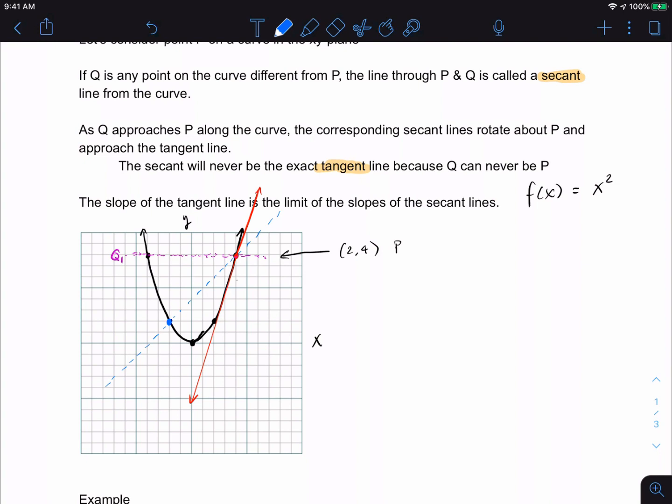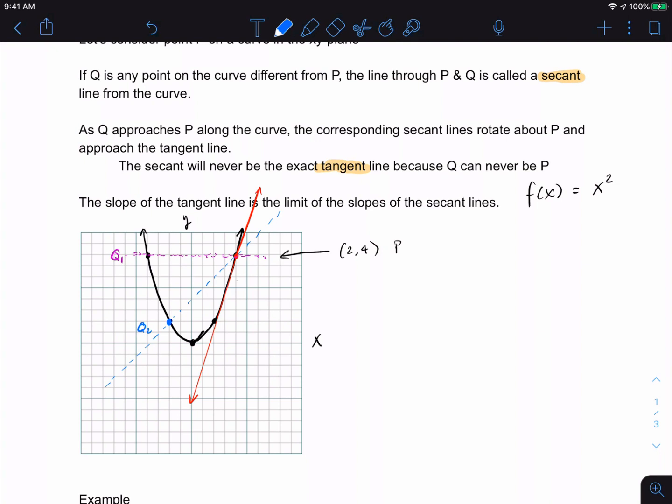Is that a good representation? Clearly not. But is it a better representation than Q1? Yeah, it's getting better. So notice something that's happening as we're moving. We're moving to the right, closer and closer to our P point, correct? So our Q is shifting to the right.